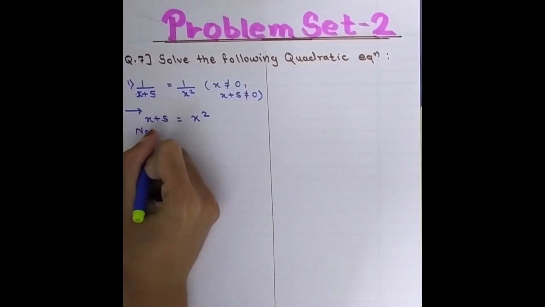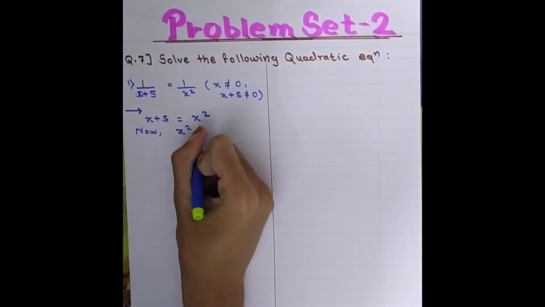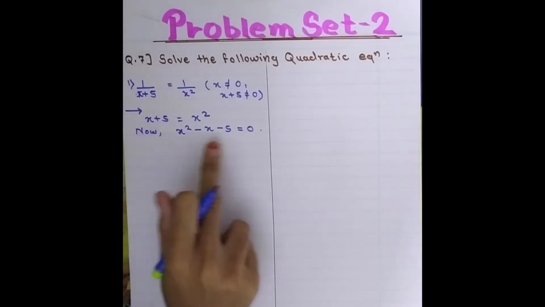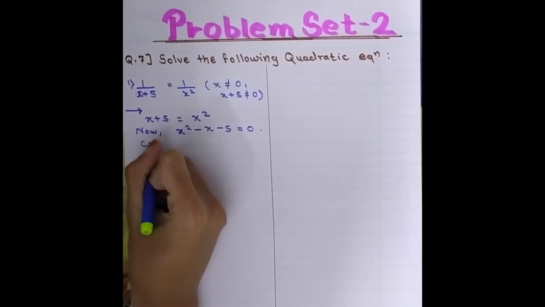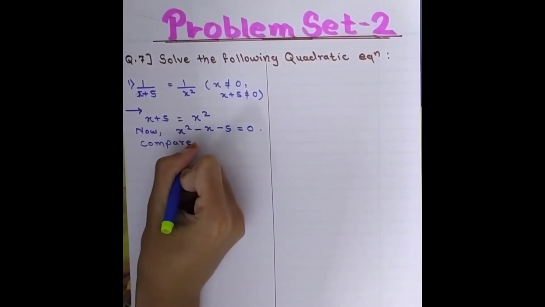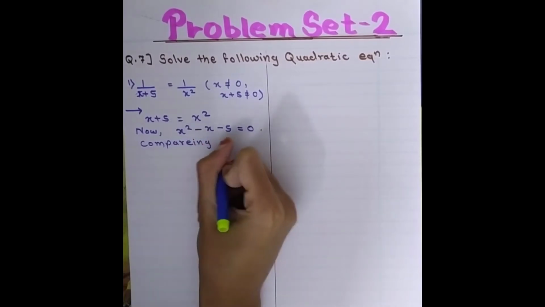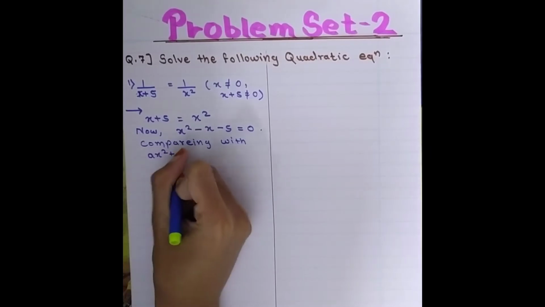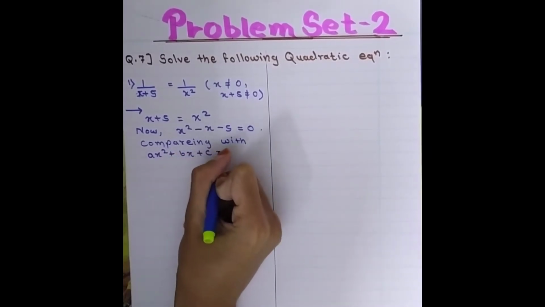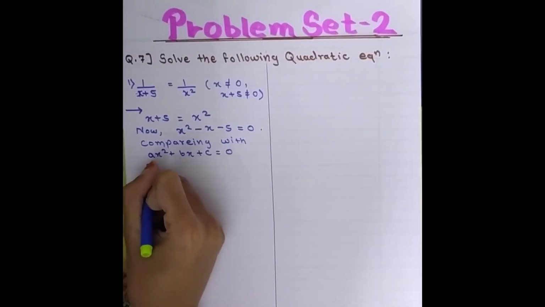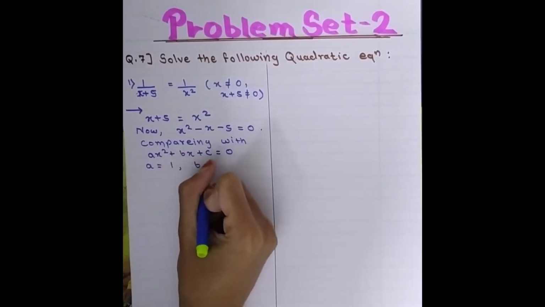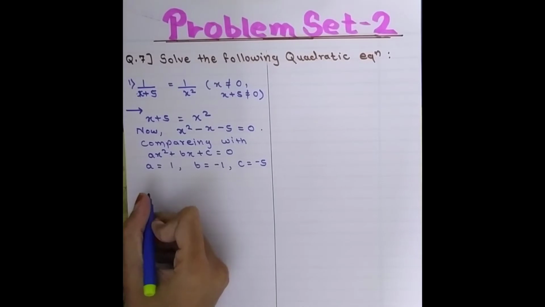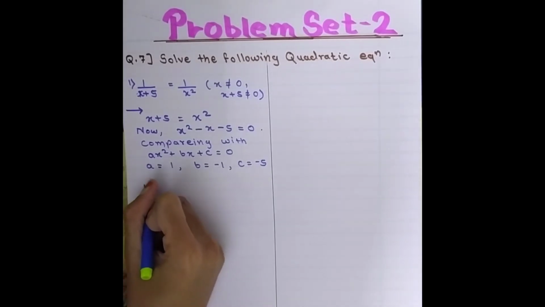Now x square minus x minus 5 is equal to 0. So compare this equation with ax square plus bx plus c is equal to 0. Then a is equal to 1, b is equal to minus 1 and c is equal to minus 5. So first find b square minus 4ac.